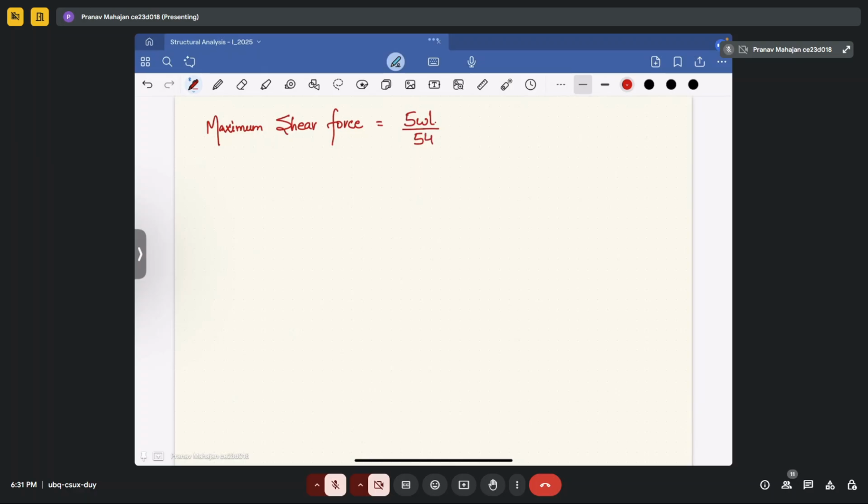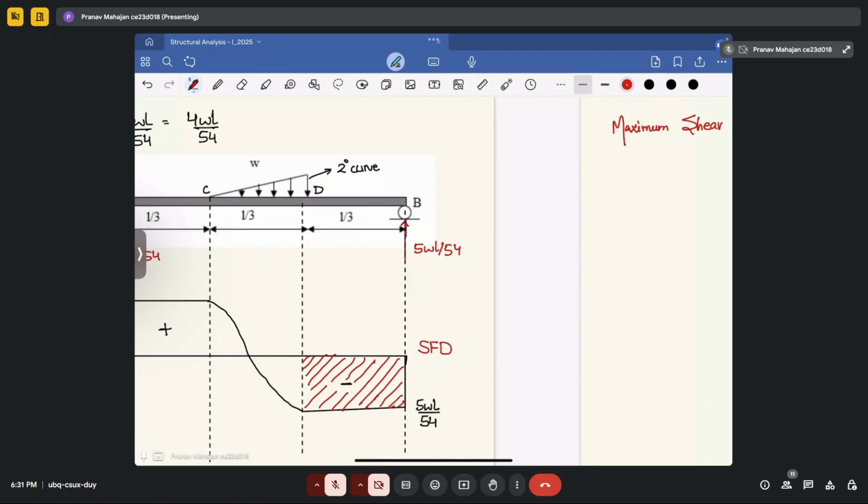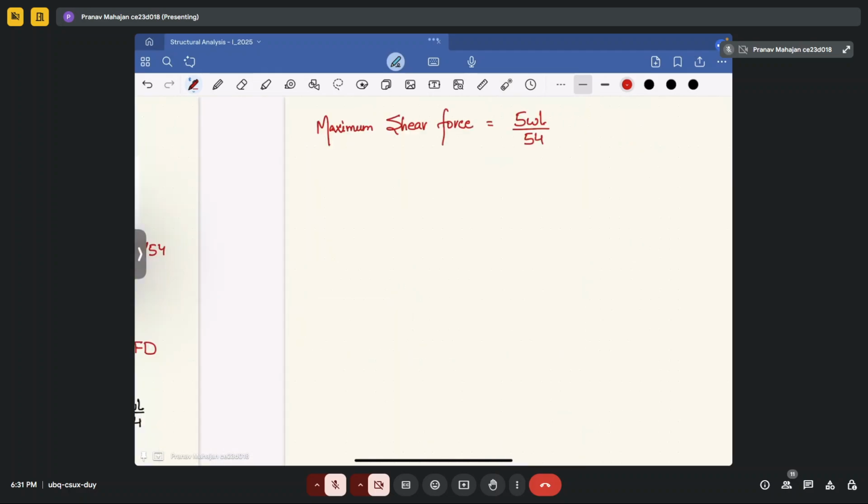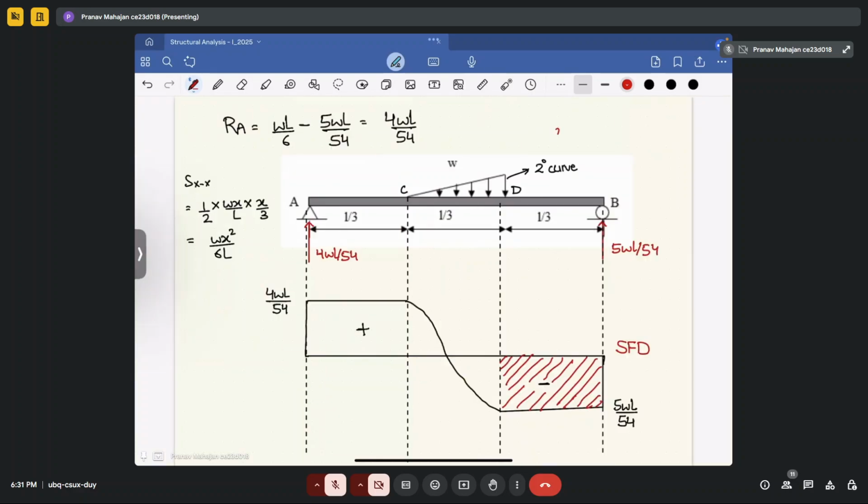Now we are interested in determining the minimum bending moment at that particular section, because in this area the shear force is maximum, but at what point the bending moment is minimum, we have to determine that. So in this section, if we make a cut like HH, now you have to determine the moment in this region.